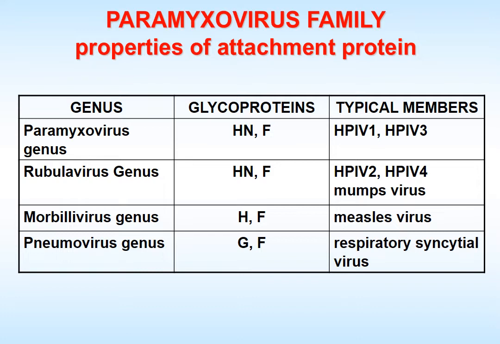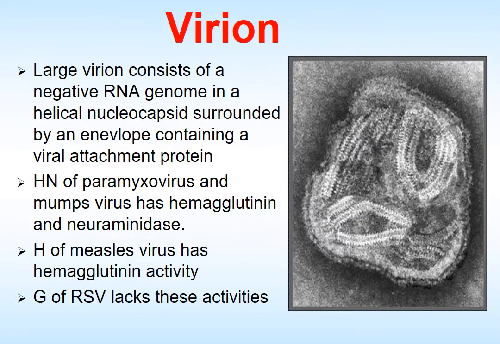The most medically important genera are Paramyxovirus, Rubulavirus, Morbillivirus, and Pneumovirus. Biological properties. Virion. The large virion consists of a negative RNA genome in a helical nucleocapsid that's surrounded by an envelope containing a viral attachment protein, the spikes.